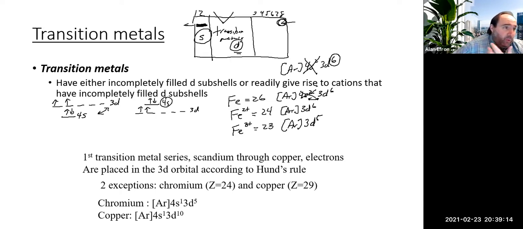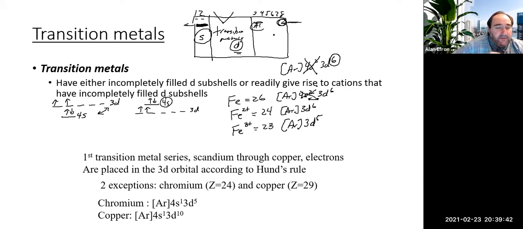So they don't reach that noble gas configuration by losing electrons normally. That's a slight difference between a representative metal found in group 1 and 2, even aluminum over here in group 3. All those metals, when they lose electrons, always back up to the noble gas that comes before them. But transition metals typically don't lose enough electrons to reach back to a noble gas.